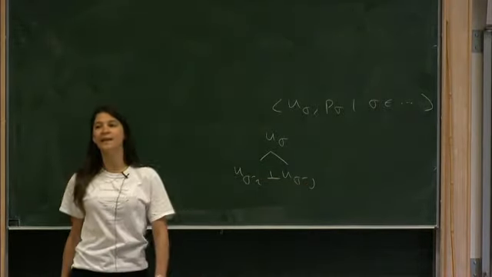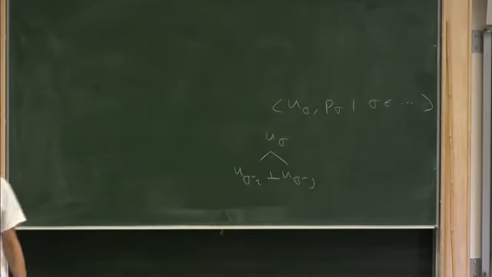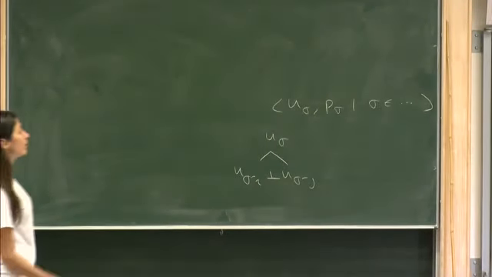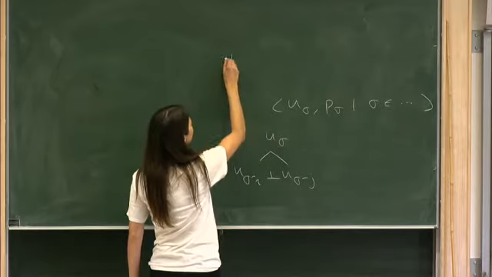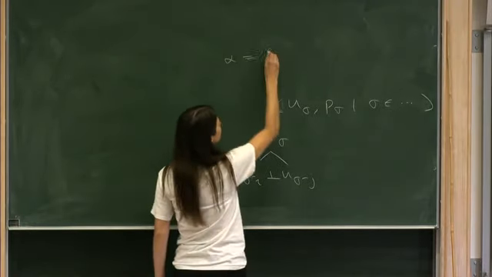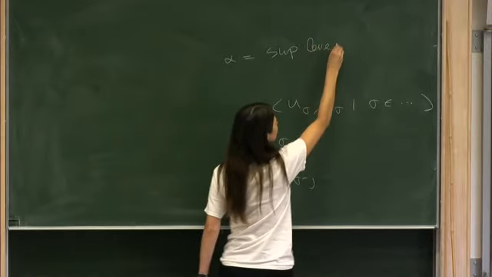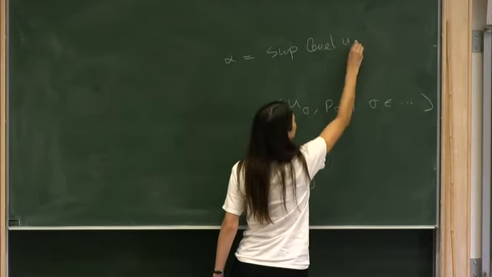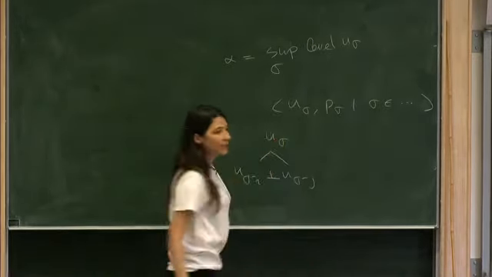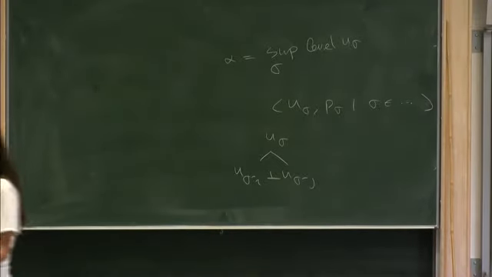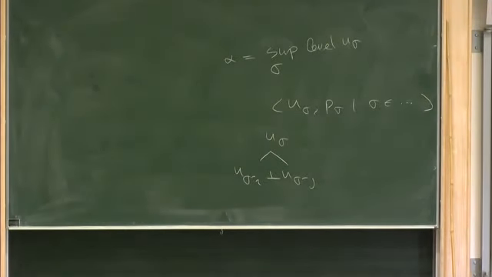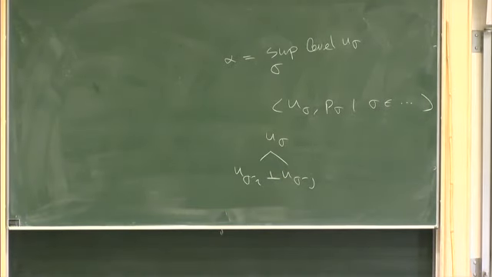So you build it, and then at the end you take a level which is, say, the supremum of the levels in the tree of U sigma, and you have to make sure that your construction is such that this is below the height of the tree, and from there you do some pigeonhole principle using that the levels of the tree are not too big.